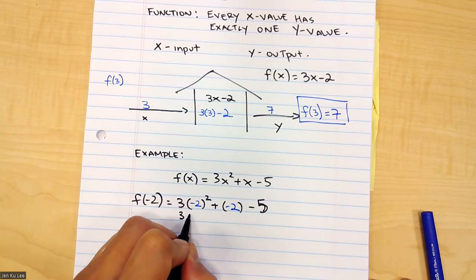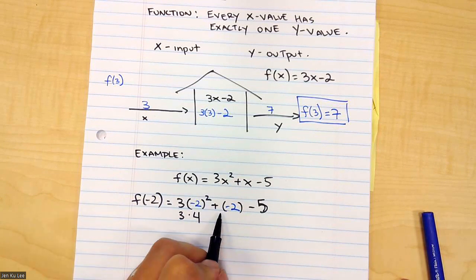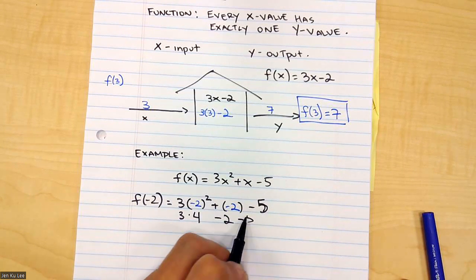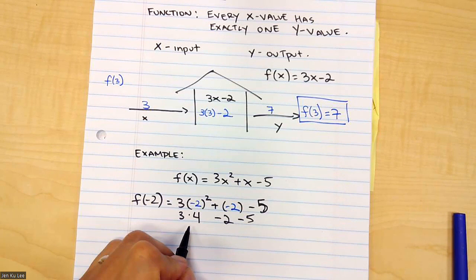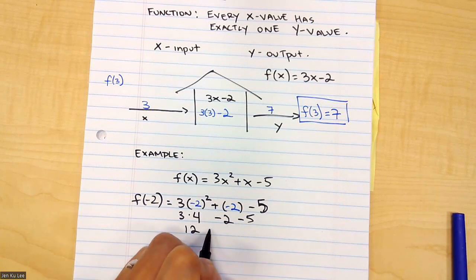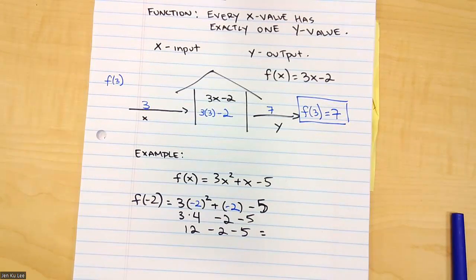So negative 2 squared is 4, plus negative 2 is minus 2, minus 5. Okay? So 3 times 4 is 12, minus 2, minus 5. 12 minus 2 minus 5, that is 5.